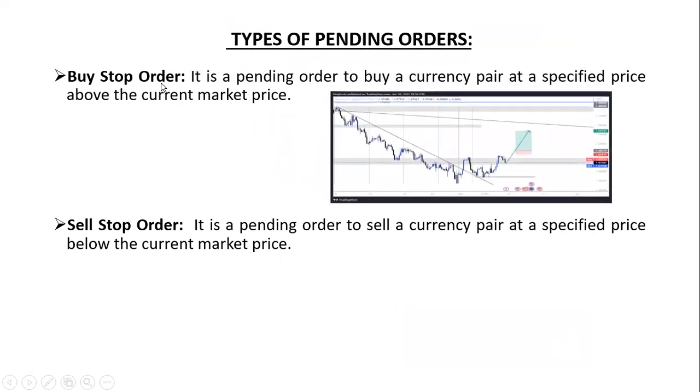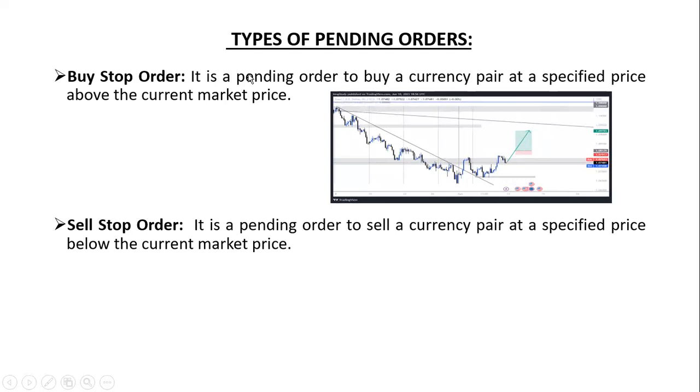When you take the buy stop order, we are looking at this diagram here. Your analysis tells you that the price is going to pull up in the upward direction, but you don't want to buy at this level. So you set an order so that when price is moving to the upside, they should place a buy for you at this particular price to the upside.